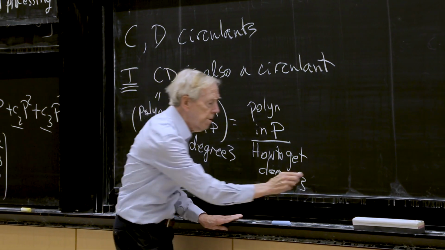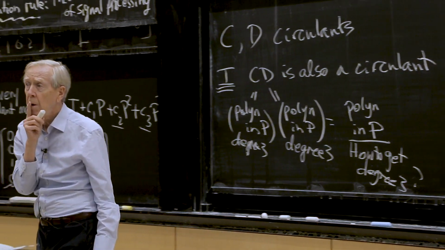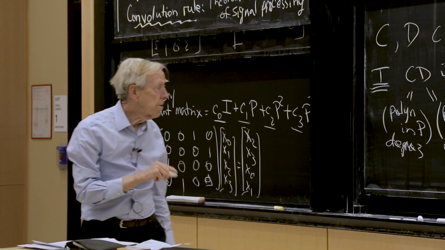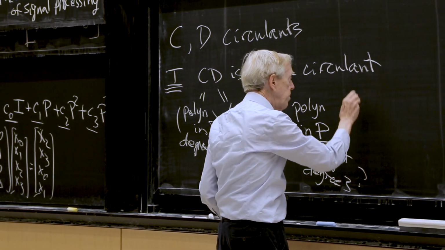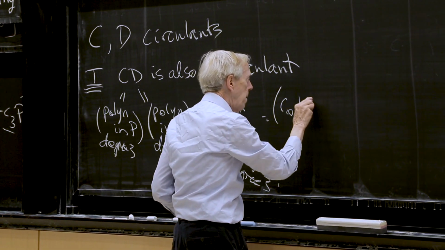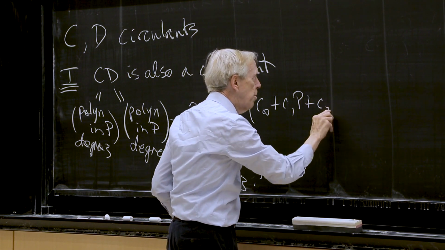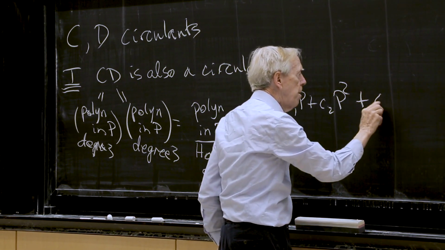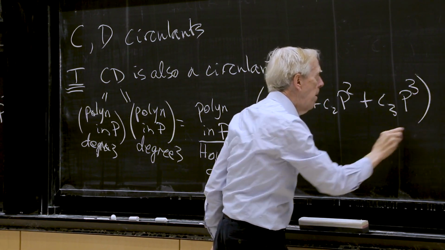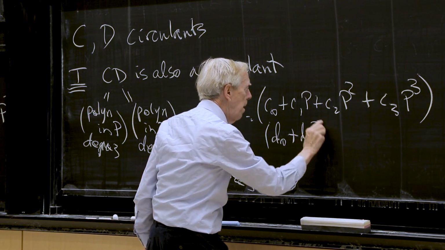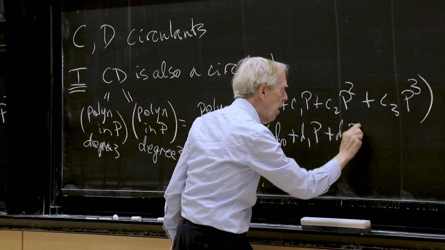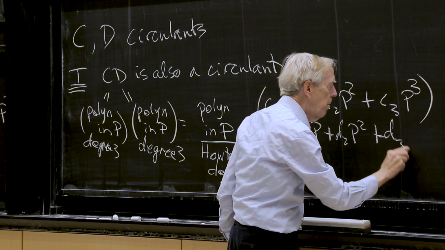That's the question. Can you just tell me the answer? So I'm multiplying. Let's just do an example. I have C0 + C1 P + C2 P squared + C3 P cubed, times D0 + D1 P + D2 P squared + D3 P cubed.